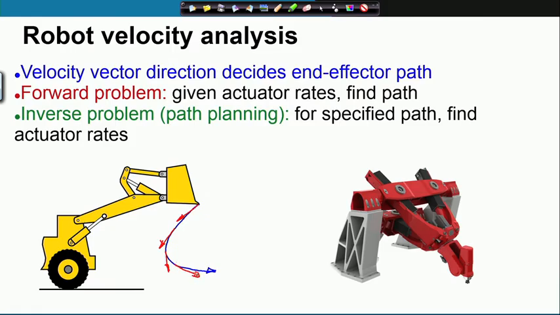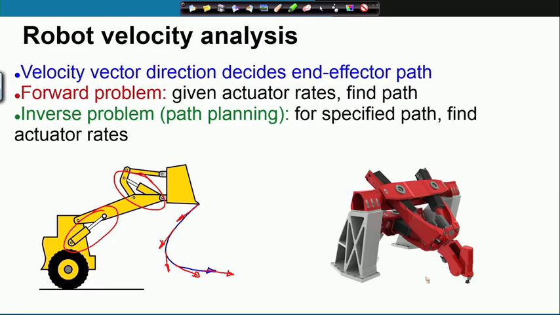One way is to specify the velocities at various points on this path. So, I should be able to specify the velocity at each point on the path, and corresponding to that I should be able to find out the expansion rate of the actuators.